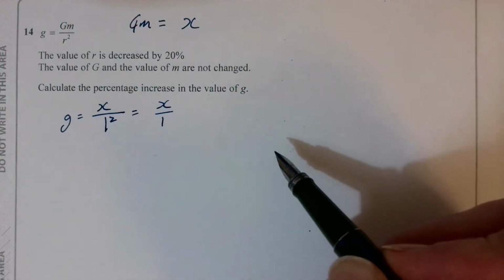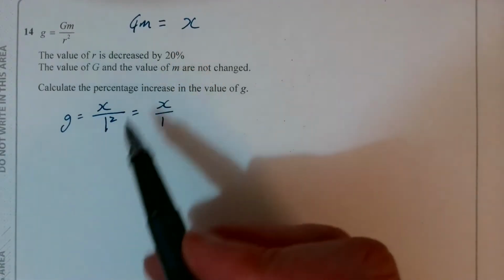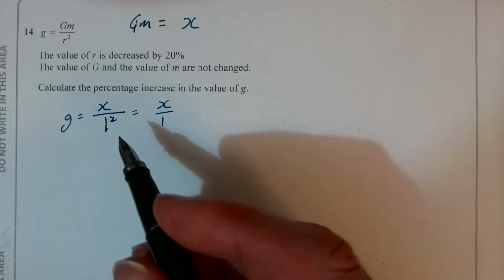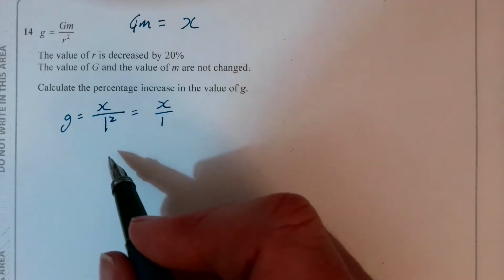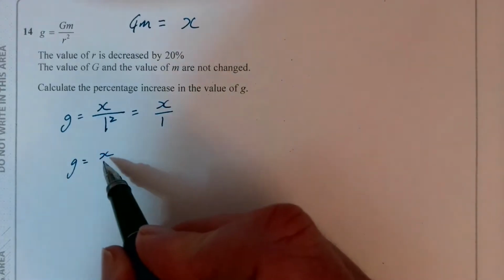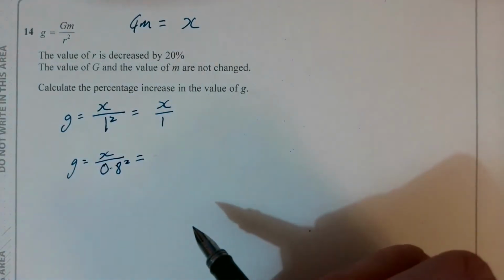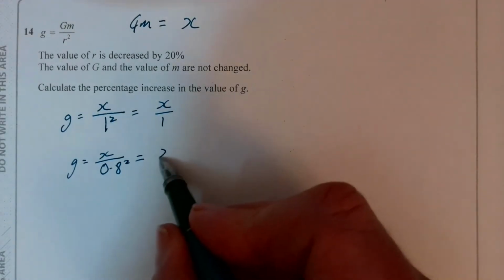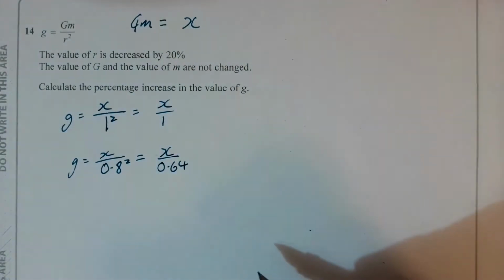So we're only looking to see how much something changes if we decrease by 20%. Now, 20% of 1 is 0.2, isn't it? So if it decreases by 0.2, you end up with 0.8. So this time G is going to equal X divided by 0.8 squared. I whack 0.8 squared into my calculator, and I get X over 0.64.